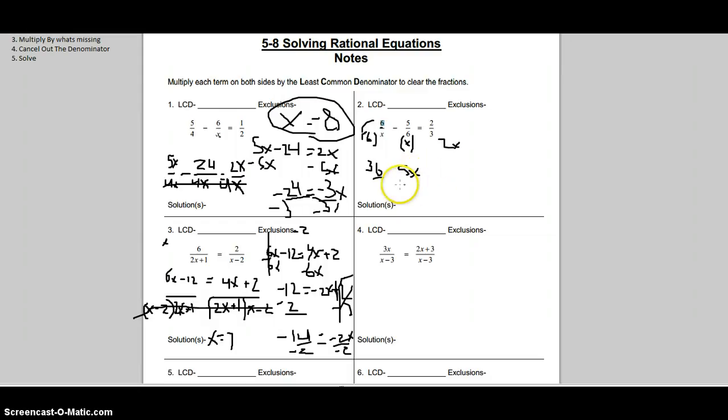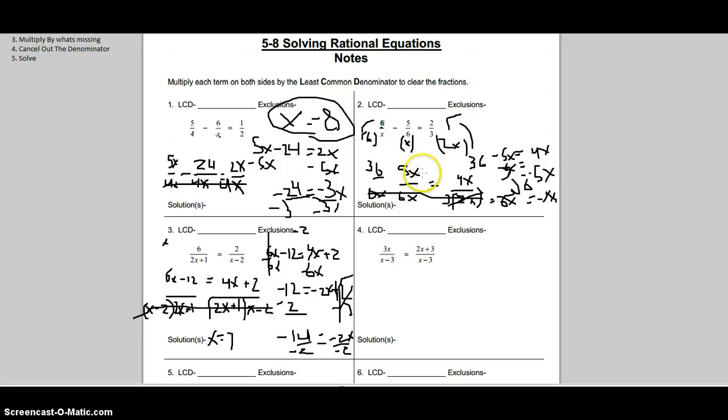And in this last fraction, we multiplied by 2x, so we want to move that to the top and multiply 2x. Okay, so I set it up and the denominators are equal. Now that we have the denominator set, we can go ahead and solve. 36 minus 5x equals 4x. So add 5x. So the answer is x equals 4.